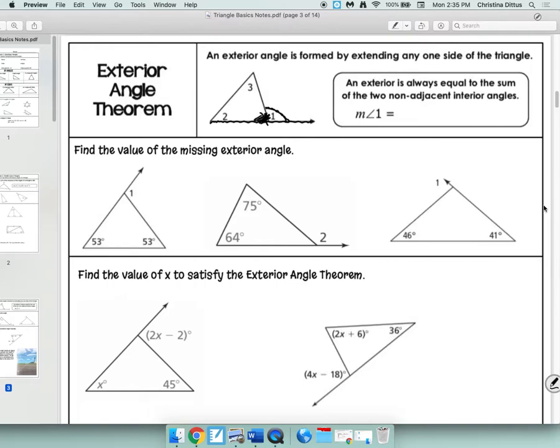That's like a no-go zone. But the other two, you're going to add these, and it has to equal this. Okay? So the measure of angle 1 has to equal the measure of angle 2 plus the measure of angle 3. So notice how it says non-adjacent. So you don't take the angle next to it. No, the other two.